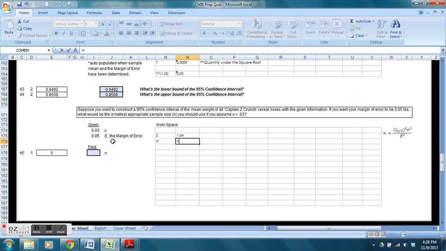So sigma equals 0.03 and our error margin equals 0.05, and so we can find e squared. And now we can solve this problem. Let's do sigma squared too. F2 will go into this automatically, so you don't have to click it. Keyboard shortcut.